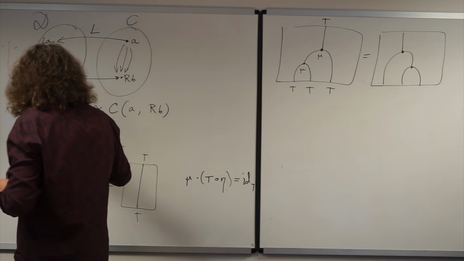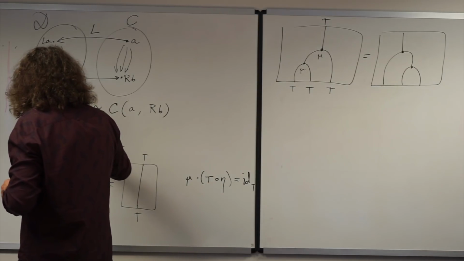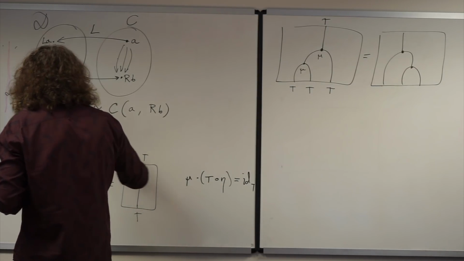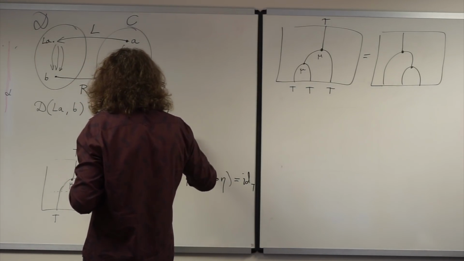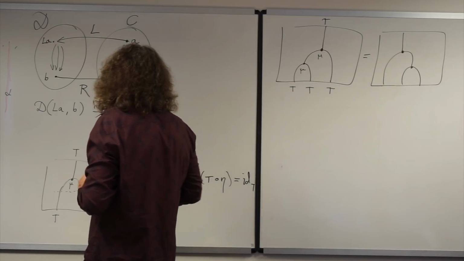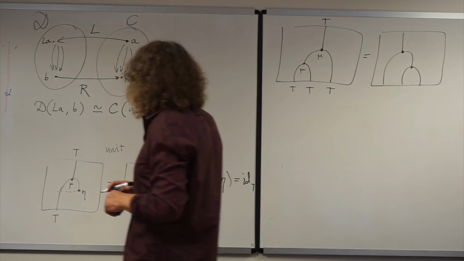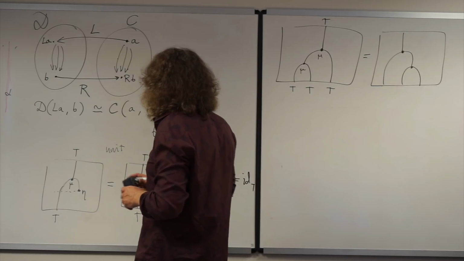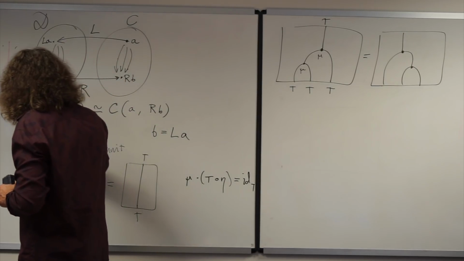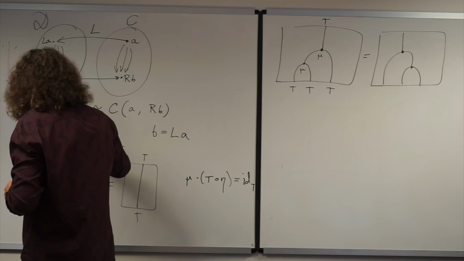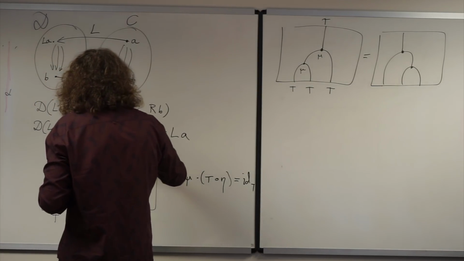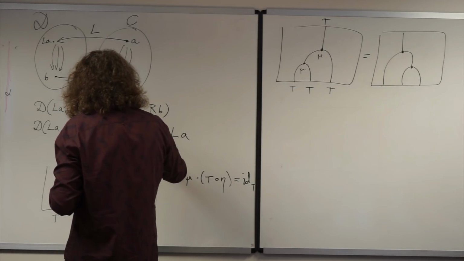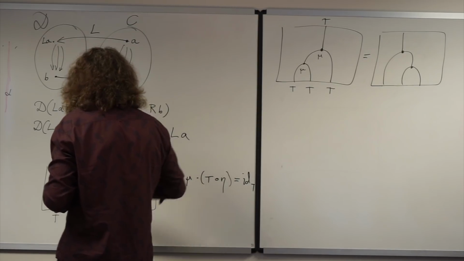Because it works for any A and B, let me pick B equal to LA. Why do I want to pick this? Because then I get Hom from LA to LA here, and here I get Hom from A to RLA.